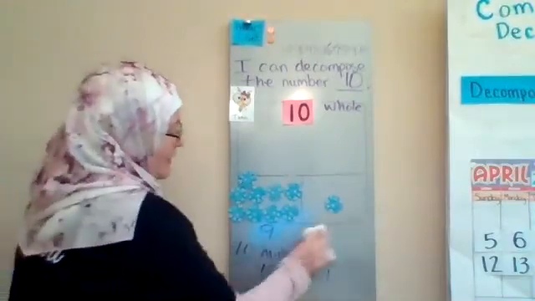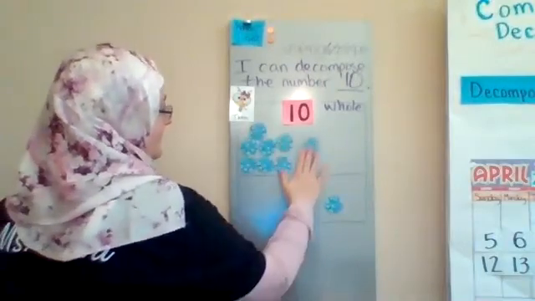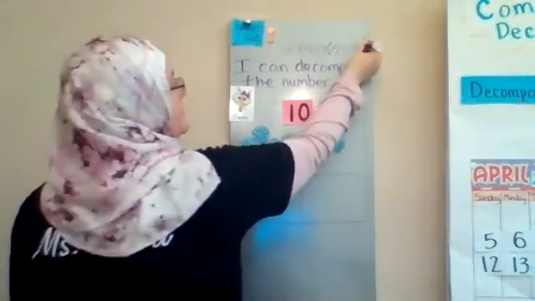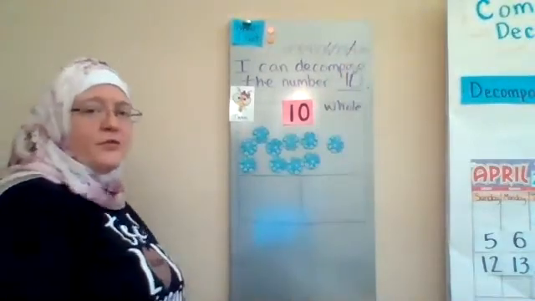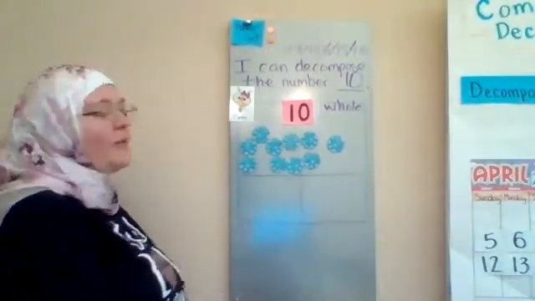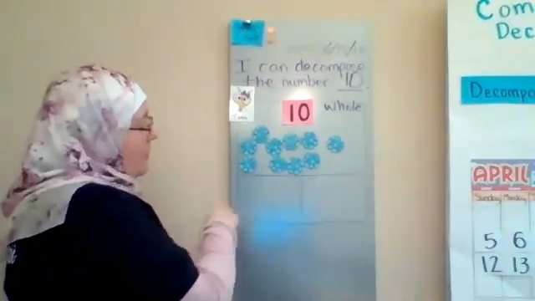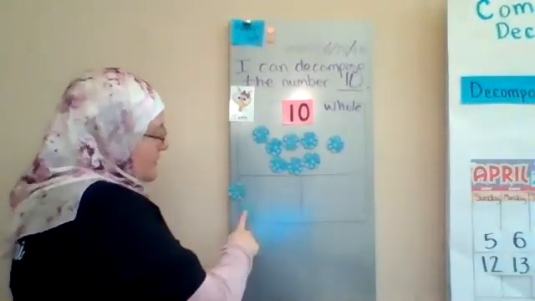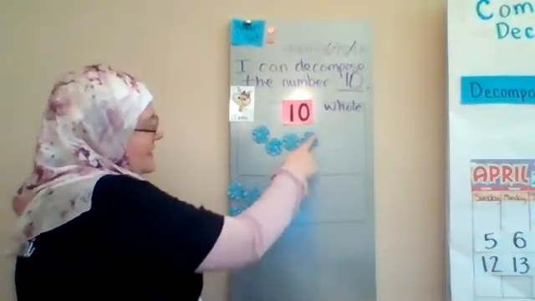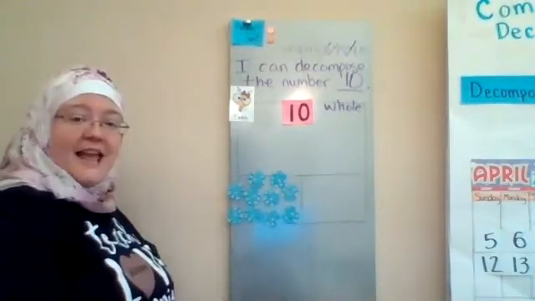Excellent job. You're so close. What would come after 9? Don't think that you can stop at 9. Did we get to 10 yet? No, and we're going in order. And what comes after 9? 10. So 1, 2, 3, 4, 5, 6, 7, 8, 9, and 10.